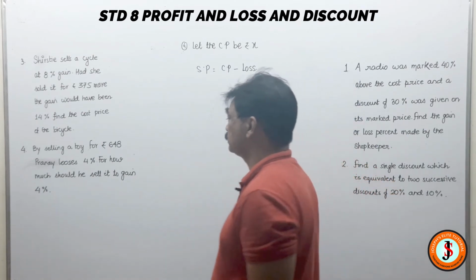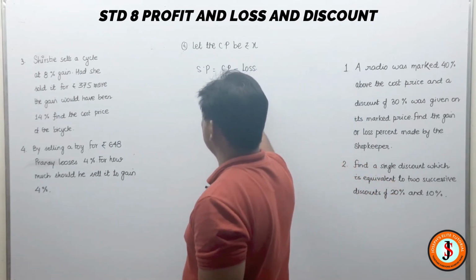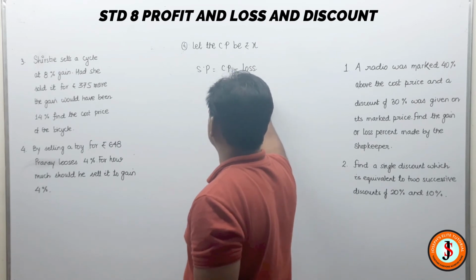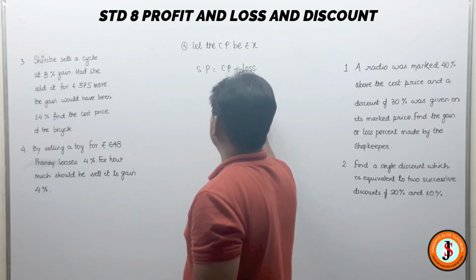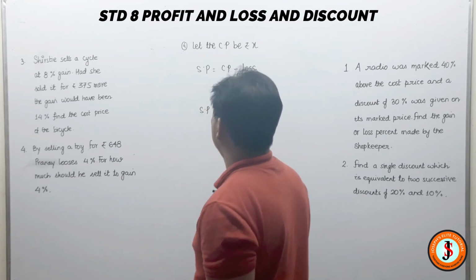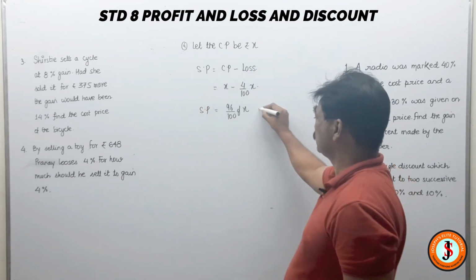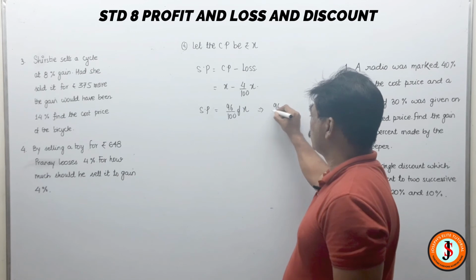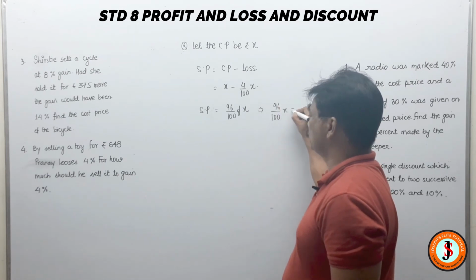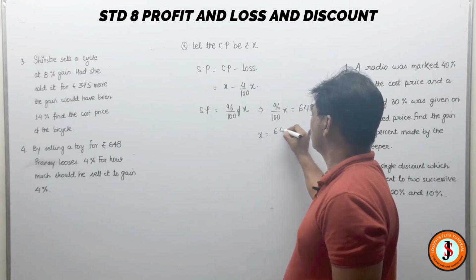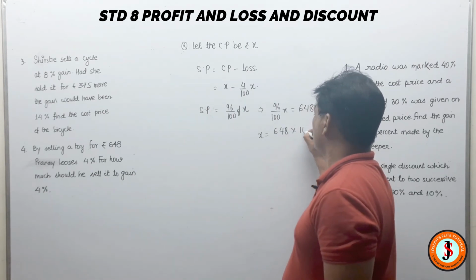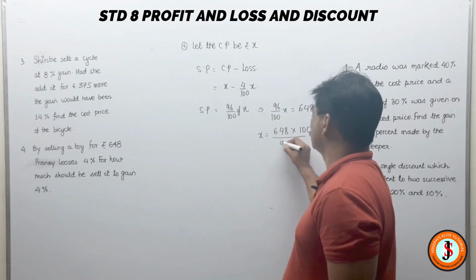So SP is equal to X minus 4% of X. That is 96% of X is the SP. But SP is given. How much is the SP? 96% of X is equal to 648. That means X is equal to 648 into 100 by 96.